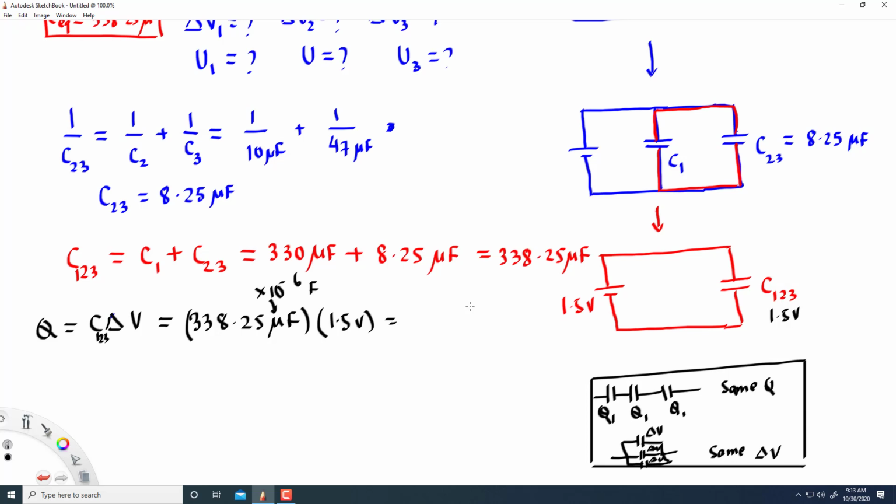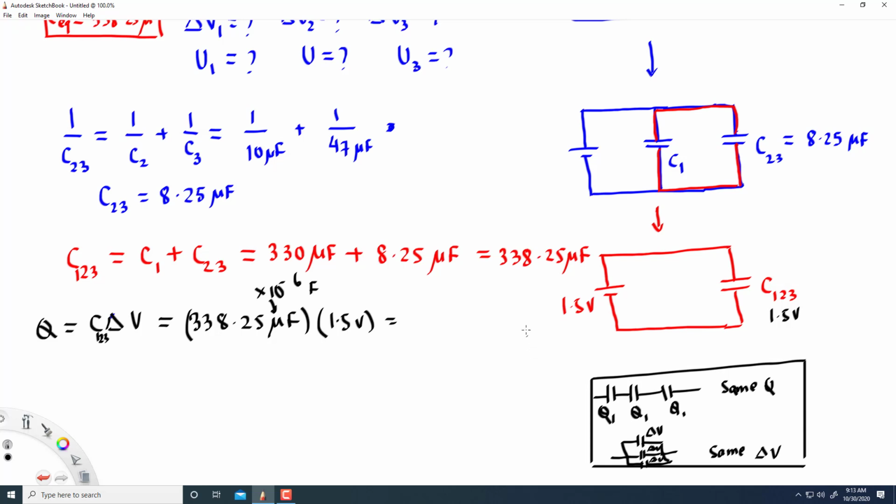Okay, you get some value here. Actually, we don't even need this one, but I want to just find it to see if we may need that later. But we won't need this value.